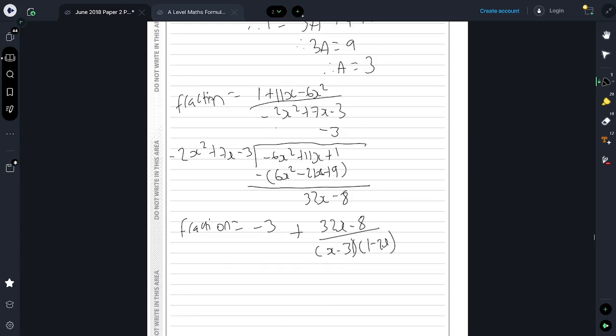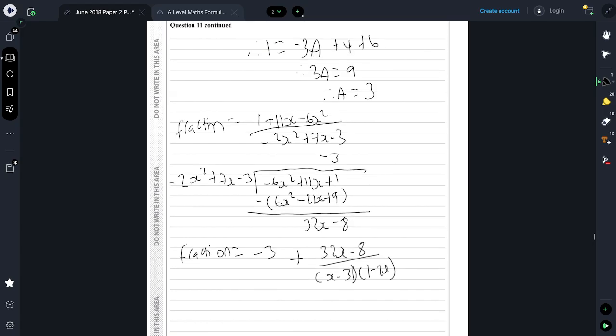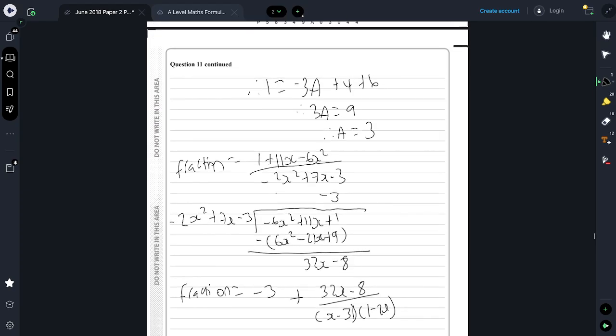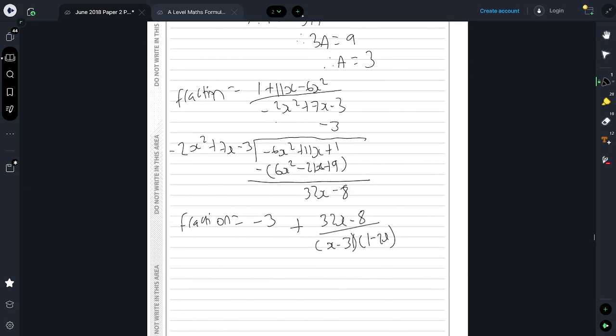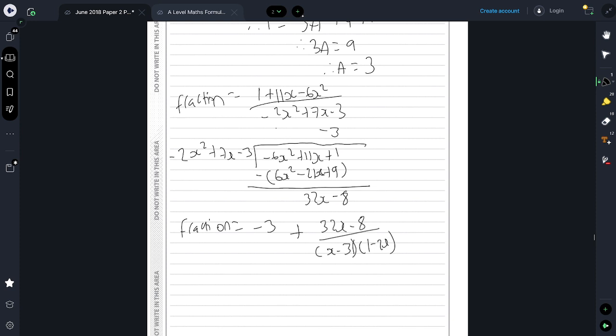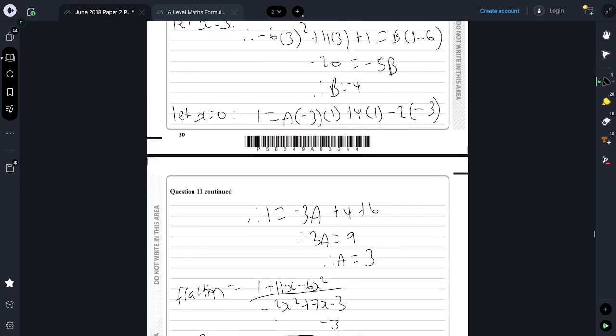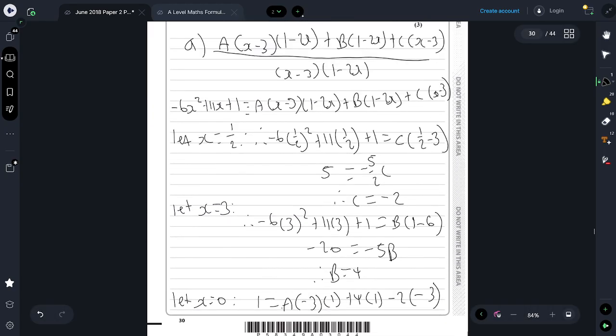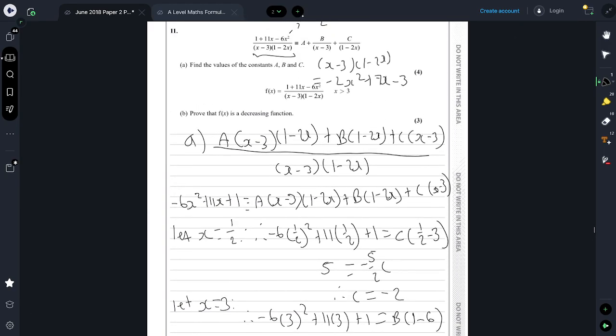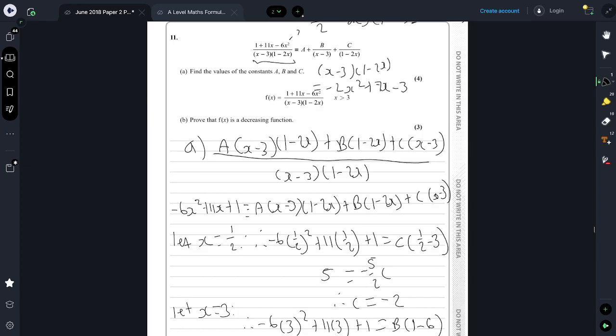Something like that, if I remember vaguely the method. By the way, this is now waffle. I should probably move on, actually. But then you could split that into partial fractions, which isn't ideal, because now that takes a lot more work. Yeah, so that's split up into partial fractions, isn't it?